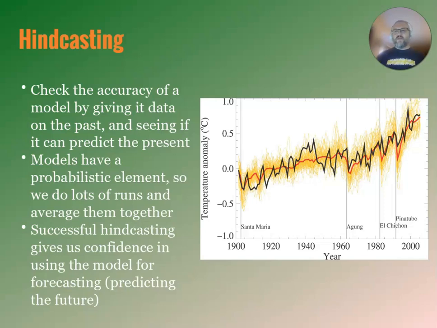But then after a few years, those aerosols get kind of washed out of the atmosphere and their influence goes away. And so what you can see on the graph here is that both the actual observed temperatures, or the real data, and the predicted temperatures from the model dip sharply but briefly after each of these major volcanic eruptions.